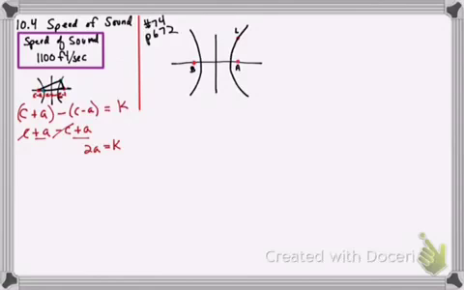Okay, so we already said that B and A are 1 mile apart, which tells us that the distance from the center to A is going to be half a mile. Alright, so the thing is, we're dealing with the speed of sound, and that's in feet per second. So let's turn that into feet.